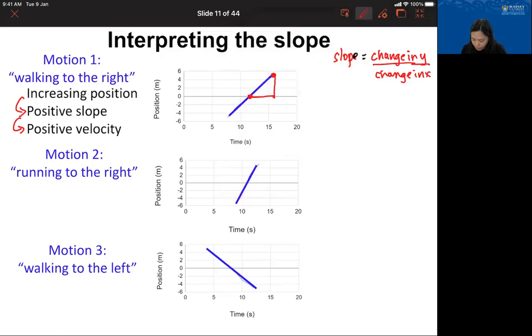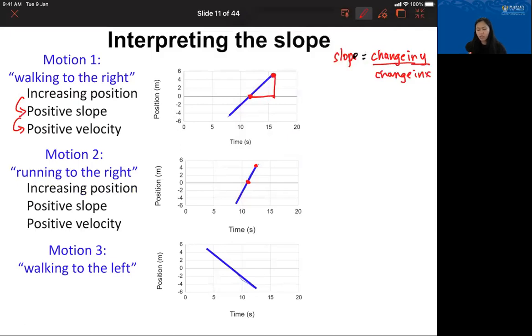If you compare these 2 points, for example, and get the slope, the change in position over change in time, you'll see that you increase your position faster when you have a steeper slope.